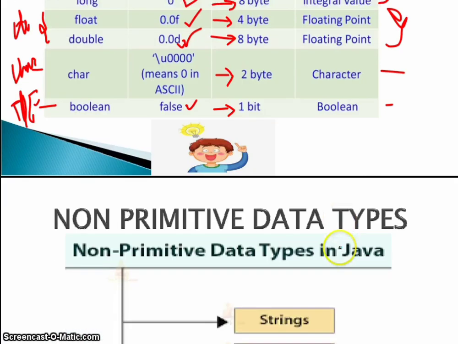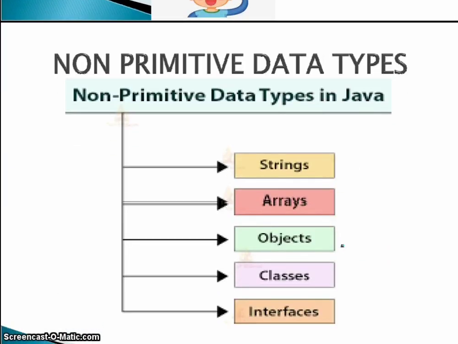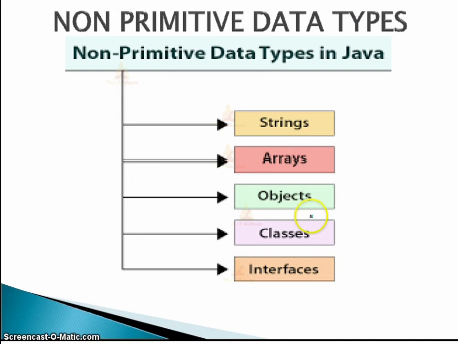Now, what are the non-primitive data types? Non-primitive data types are strings, arrays, objects, classes and interfaces. We have learned these two and these three we will be learning later.